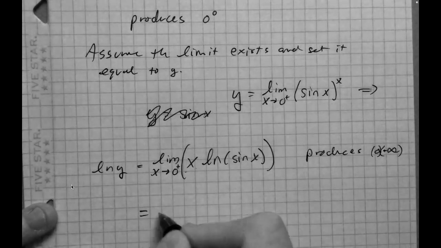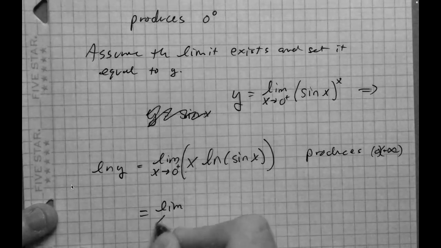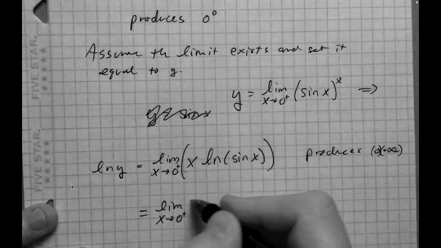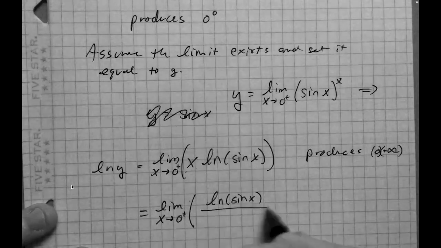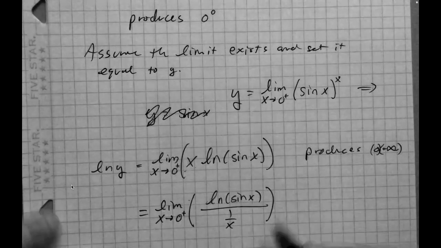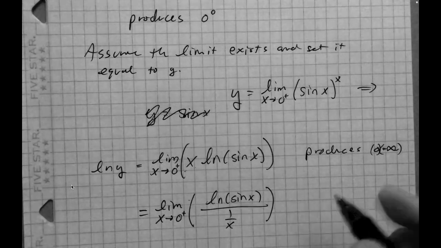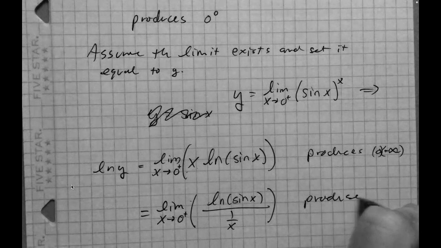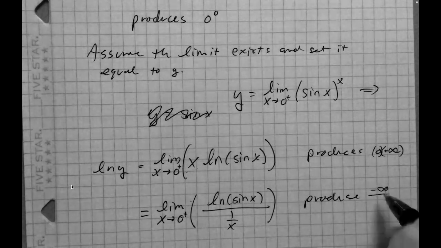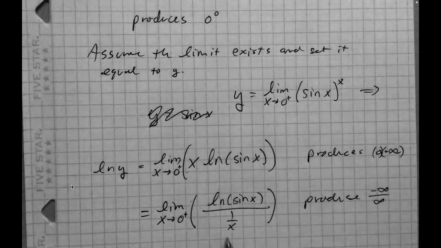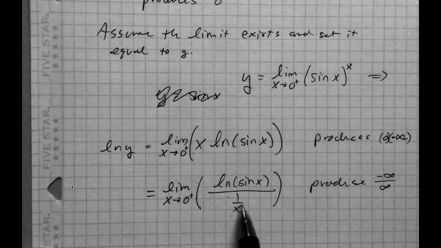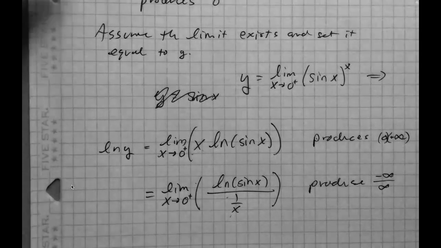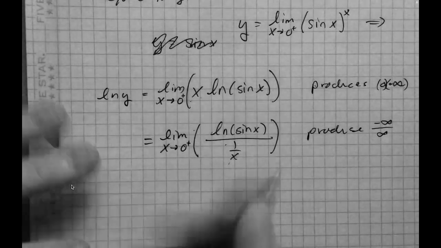The next thing to try would be this, just to produce a ratio: the natural log of sine x over 1 over x. And this produces negative infinity over infinity. So 1 over x is going to infinity, and the natural log of sine x goes to negative infinity. So we can use L'Hopital's rule.